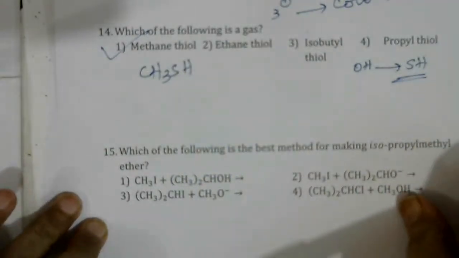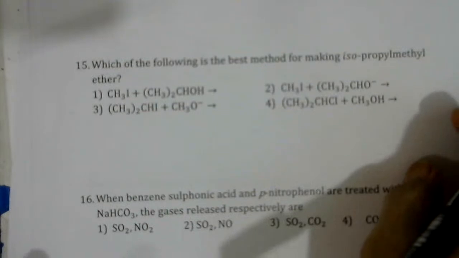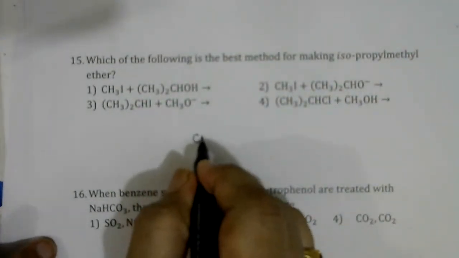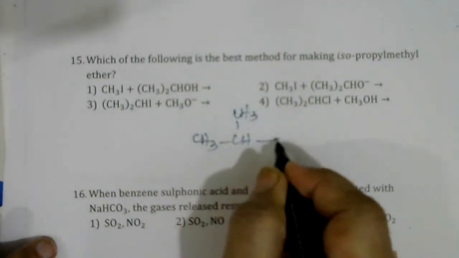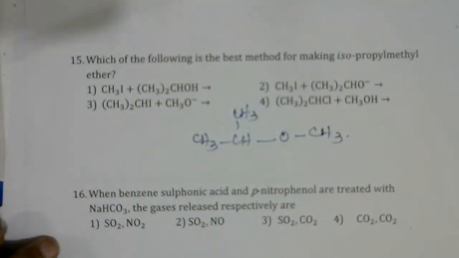Question number 15. Which of the following is the best method to prepare isopropyl methyl ether? Better to write the structure first. This is isopropyl and this is methyl ether. Isopropyl methyl ether they are asking.